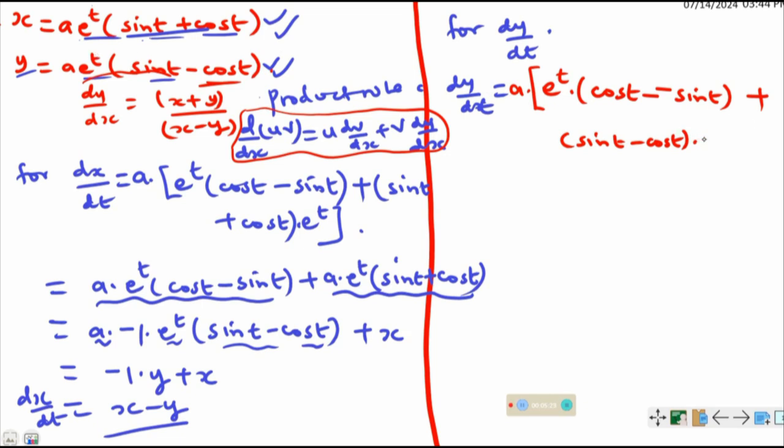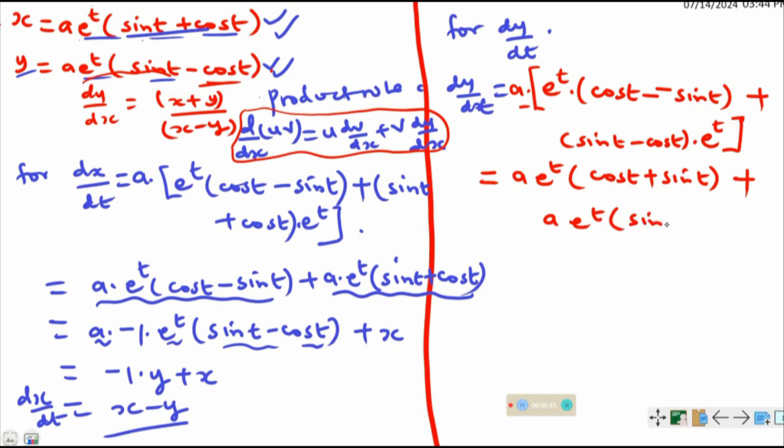When you differentiate e to power t with respect to t, we remain with e to power t. Then the whole of this is multiplied by a. For this case, we get a e to power t into (cos of t plus sine of t), plus a e to power t into (sine of t minus cos of t).